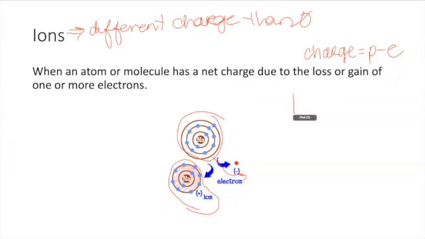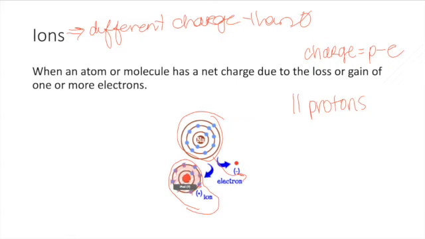So sodium always has 11 protons. So if we count here, its protons are hanging out where the Na is listed, right? They just assume that we know there's 11 there. But here are its electrons: 1, 2, 3, 4, 5, 6, 7, 8, 9, 10.